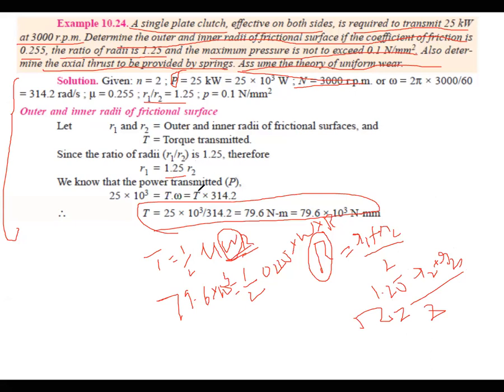So finally you will get the R2 value. That value has to be substituted here. So finally, you know the value of W, the axial thrust. Axial thrust has to be calculated here, right? So like this, you have to remember the problems and the formulas, and substitute the formulas there. Next.